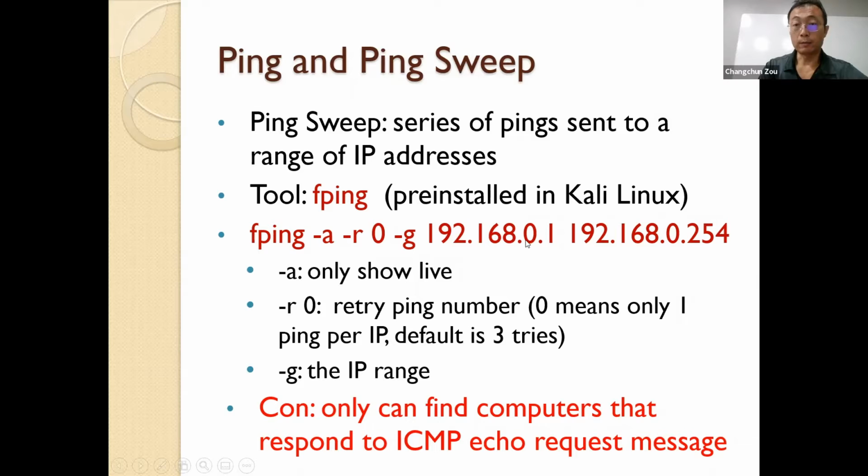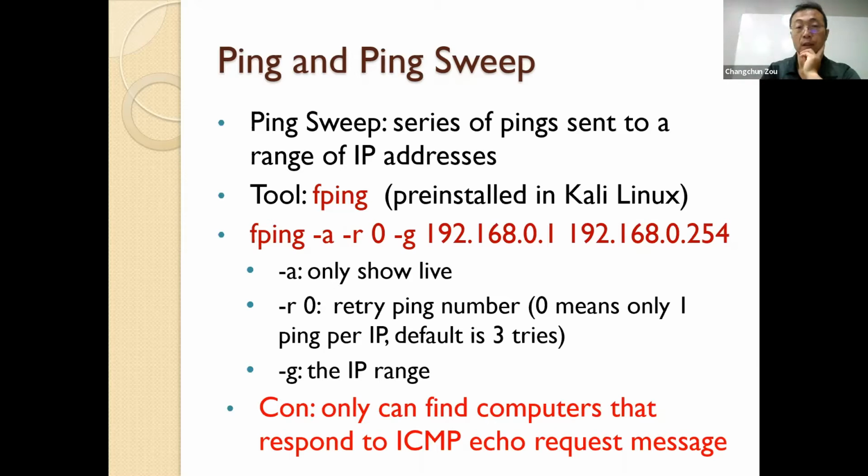You specify the beginning IP address and the ending IP address. Then these options: -A just shows the live ones. Otherwise, it will show every IP address it has pinged, basically telling you it is unreachable or not responding. -R means the retry number. Sometimes one ping message does not go through, maybe not because of the firewall or something else, it's just because the packet is lost.